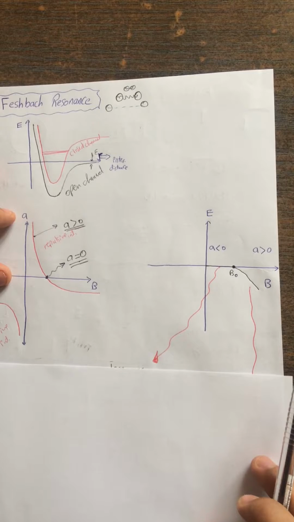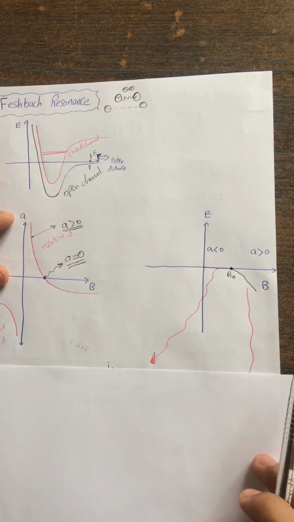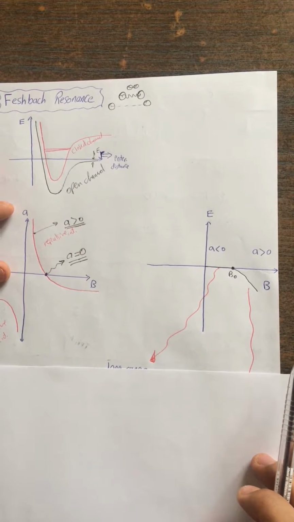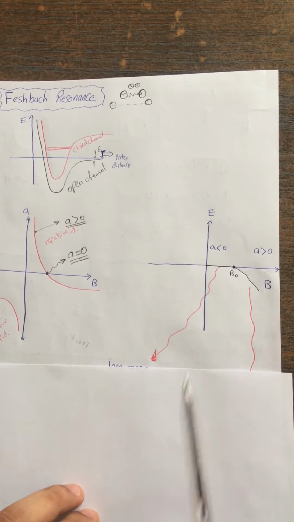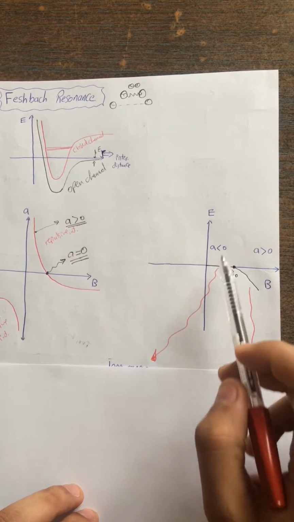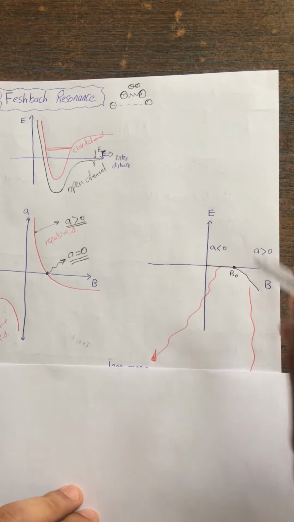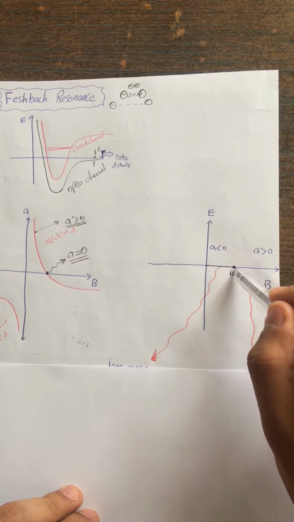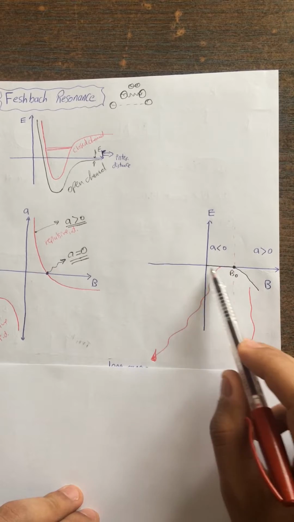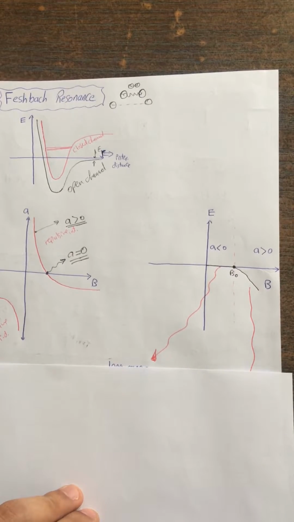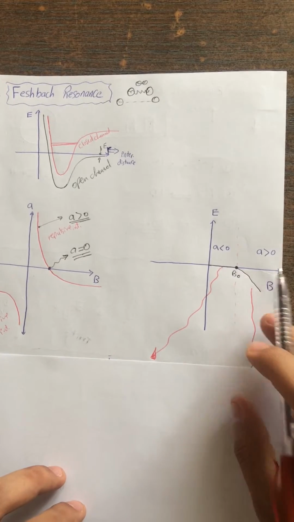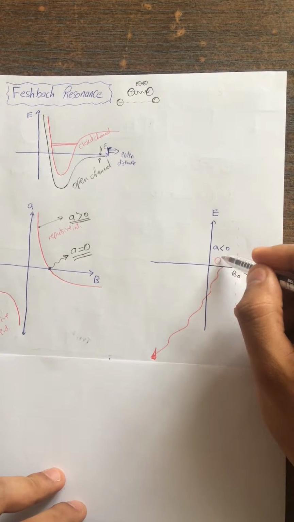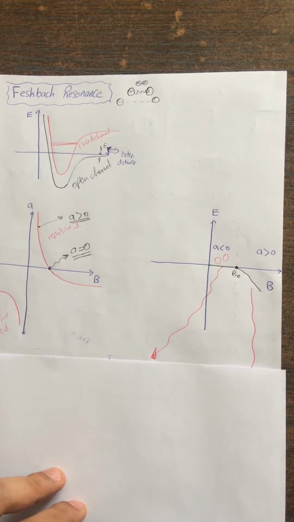Another diagram is for the magnetic field, looking in terms of energy. Let's separate it like this. In this region, where the scattering length is less than 0, we have pairs that are non-interacting, in a non-bound state.